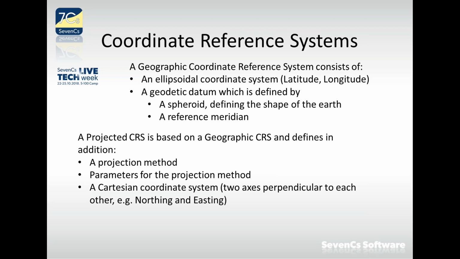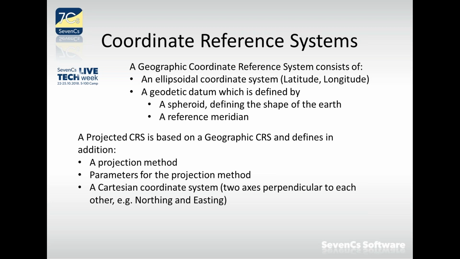The projection method only describes the algorithm, but to create a coordinate reference system, you have to parameterize this algorithm. You have to give parameters which make the projection method a projection. These parameters can be the central meridian, latitude of true scale, scaling factors; that depends on the method itself.